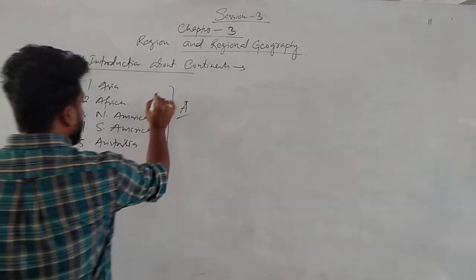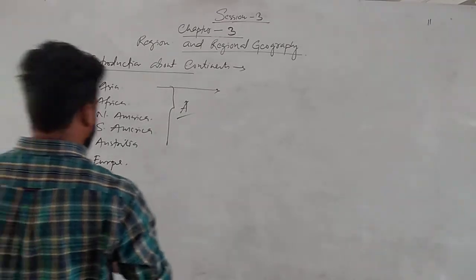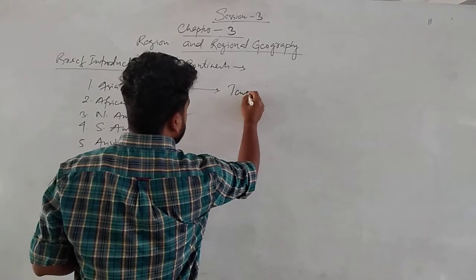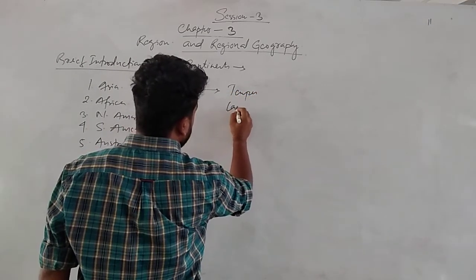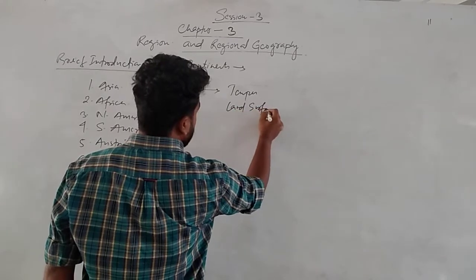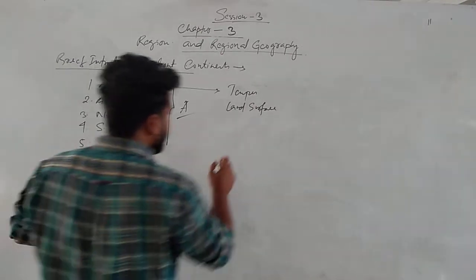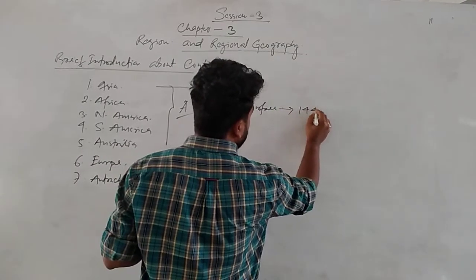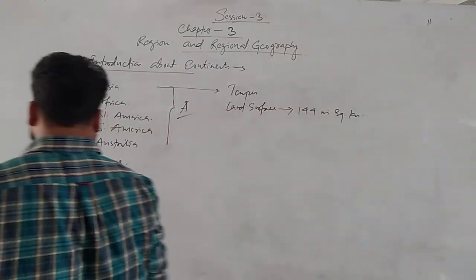Okay, let's start with Asia. First we'll see the temperature and the total land surface. The total land surface of Asia is 144 million square kilometers.